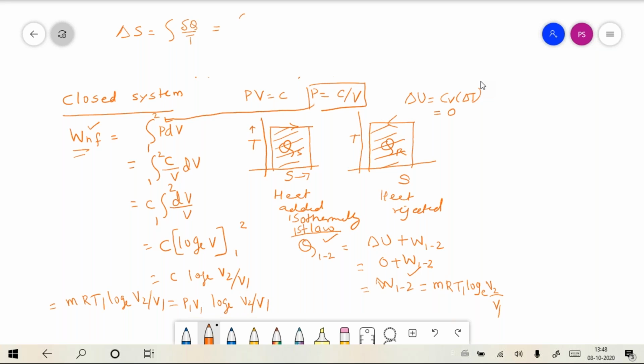Okay, and I know that PV equals MRT. So this can be rewritten as P by T is equal to MR by V. So integral of MR dV by V, which is nothing but MR log to the base e.